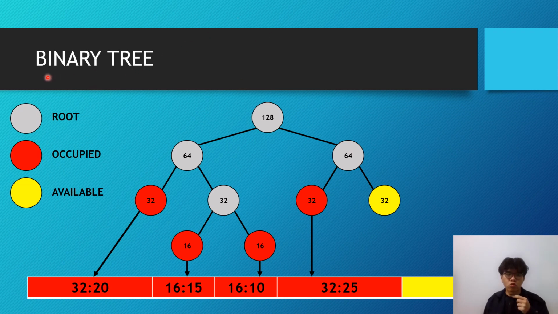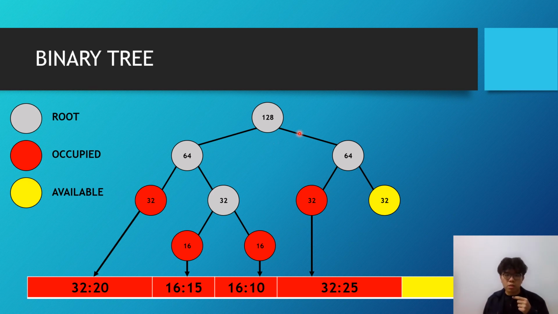And last, I will show the binary tree. The binary tree shows the query of memory allocation, which is the buddy system allocation. The white circle is the root block. The red circle is a block which is occupied by a request. And the yellow circle is a free block which is available for the next allocation.